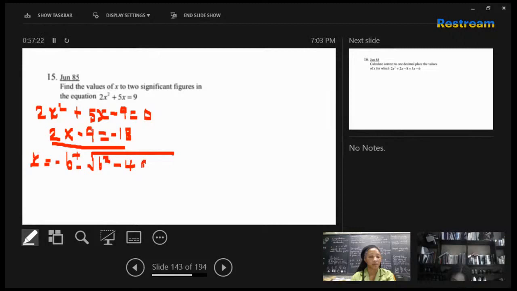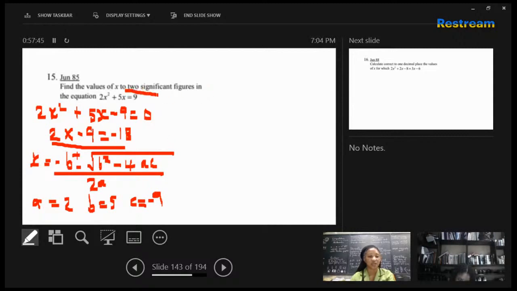Here a is 2, b is 5, c is negative 9, and they want the answer correct to two significant figures. All right, so let's go.